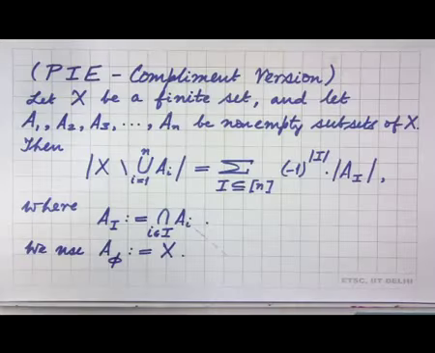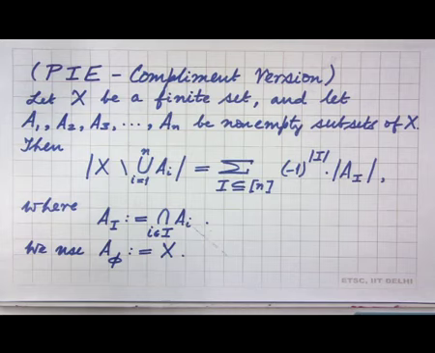So the term that has to be summed corresponding to a typical subset I of this n set, or the set square bracket n, is first minus 1 to the power the number of elements in I. So if the number of elements in I is even, that term is plus 1, and if it is odd, it is minus 1. You can already begin to see that pi has that plus minus sign, and that is incorporated in this general version.